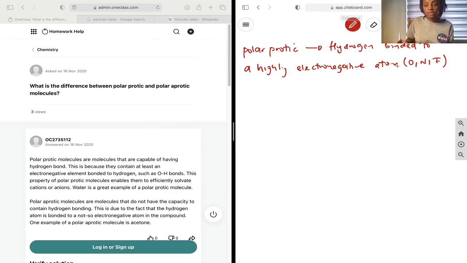And the reasoning is because their electronegativity is so high that it virtually almost pulls the entire electron from hydrogen, which leaves an extremely polar molecule left behind. So let's take the example of H2O.